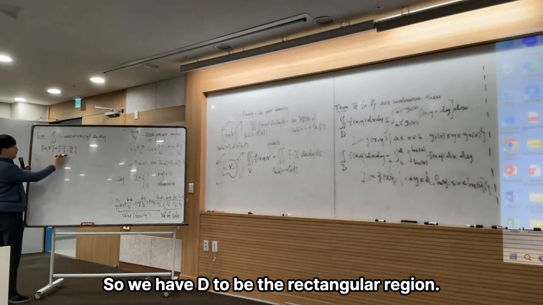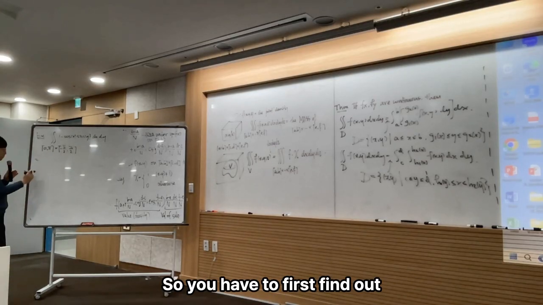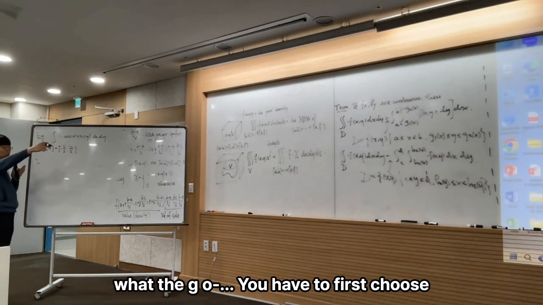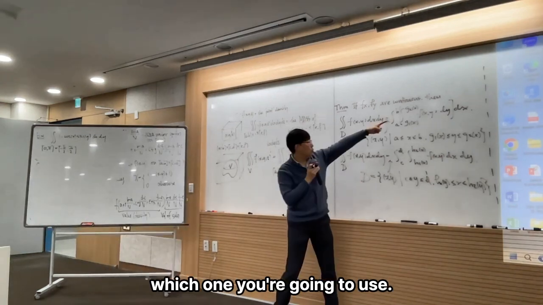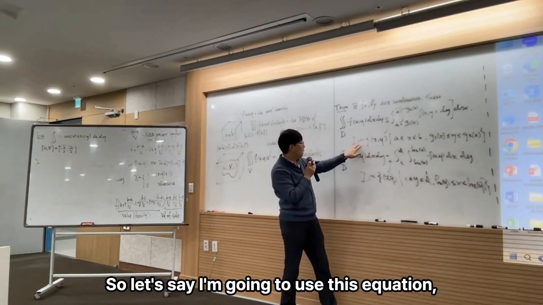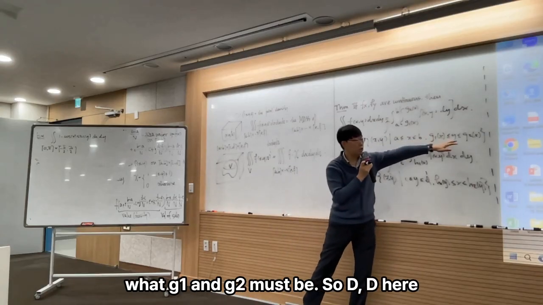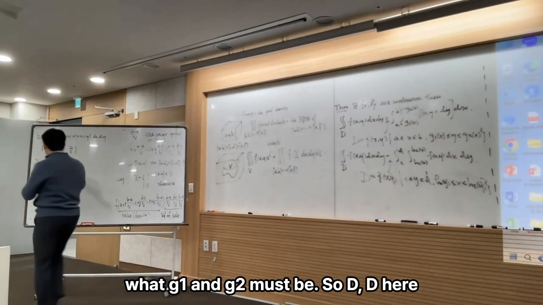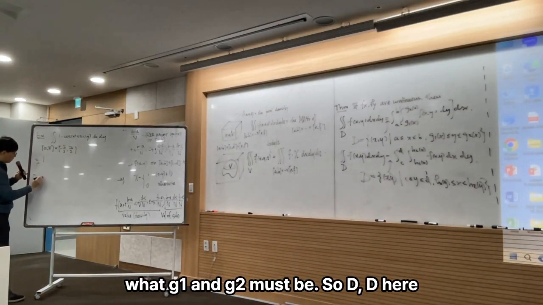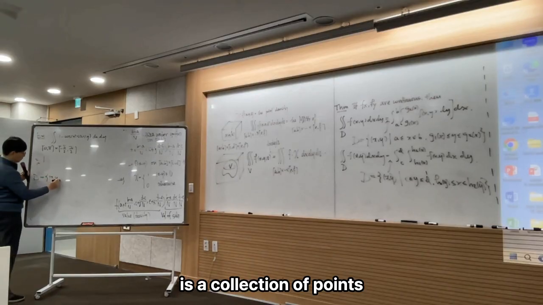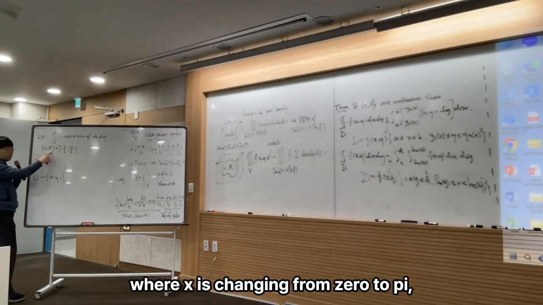So we have D to be the rectangular region. You first have to choose which equation you're going to use. So let's say I'm going to use this equation. Then you have to find what g1 and g2 must be. D here is a collection of points where x is changing from 0 to pi.